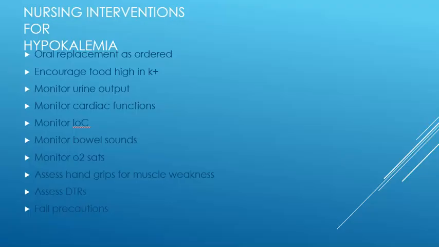It could be that it's not significantly low, so their diet, you could just encourage foods high in potassium. You're going to monitor their urine output. Always, always, always monitor their cardiac functions, their level of consciousness. They will be on fall precautions just because of that orthostatic hypotension.